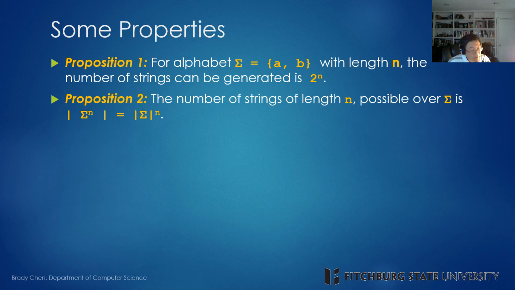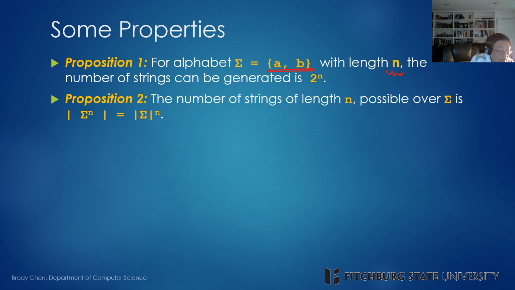Now let's actually talk about two properties of the automata. Okay. So the first, proposition 1, says for alphabet sigma, which contains two elements, A and B, with length n, the number of strings that can be generated is 2 to the n.